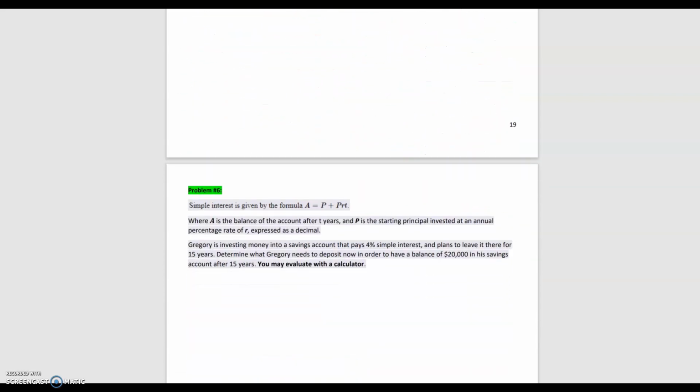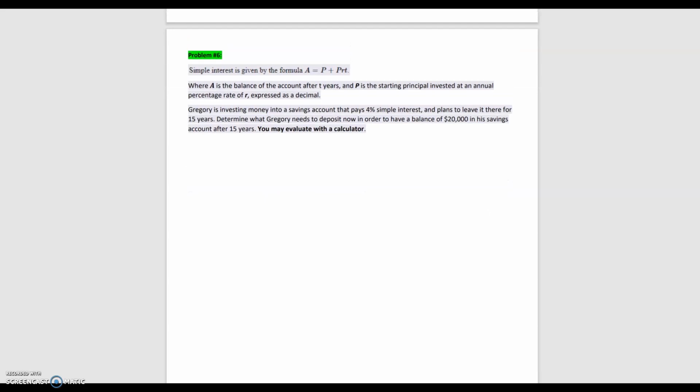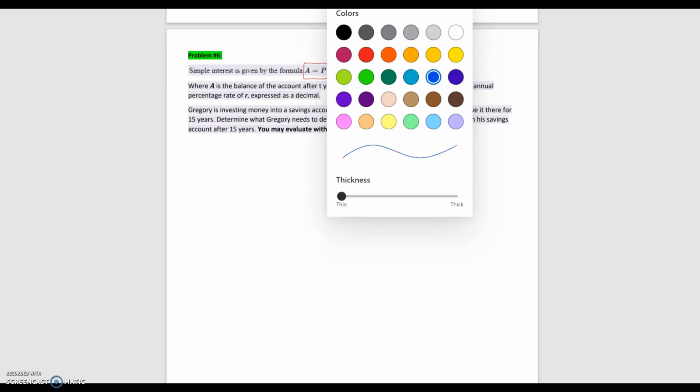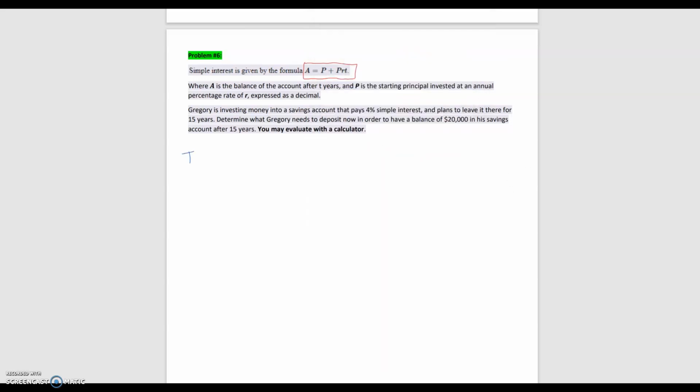And on problem 6, we have a very similar problem. Let me just pinpoint the formula. So the formula that they want us to use is A is equal to P plus PRT. And in this one, it's the same question, but the formula is given as a simple interest.